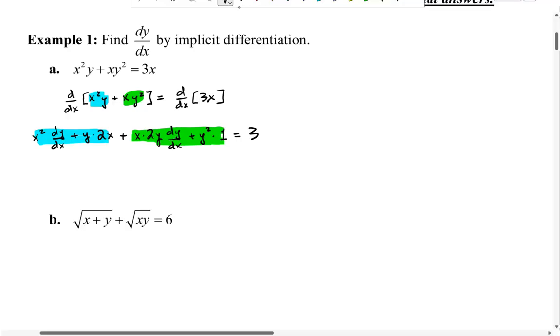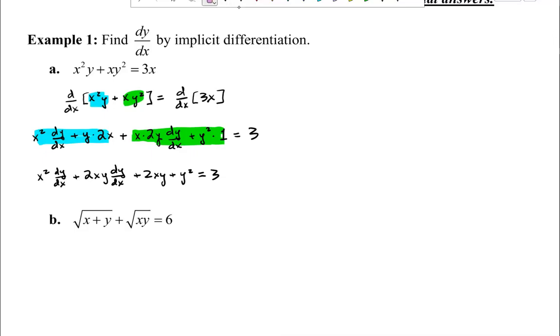So now that we've gotten to this point, our goal is to isolate dy/dx. And so we notice that we have a term involving dy/dx here and a term involving dy/dx there. So I'm going to put those next to each other. And we end up putting our terms without dy/dx back here. Now, our goal is to isolate dy/dx, so it really just becomes a bit of an algebra problem now. These terms will get subtracted to the other side of the equation.